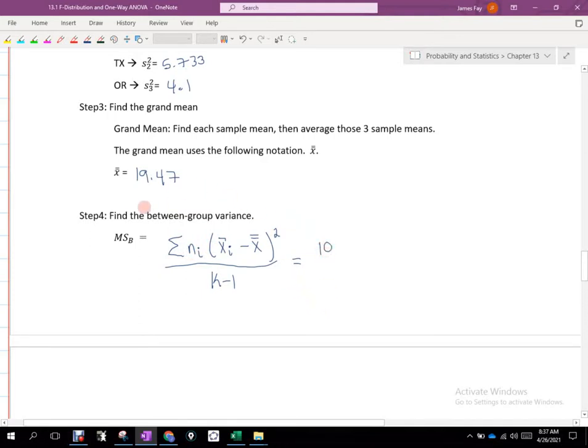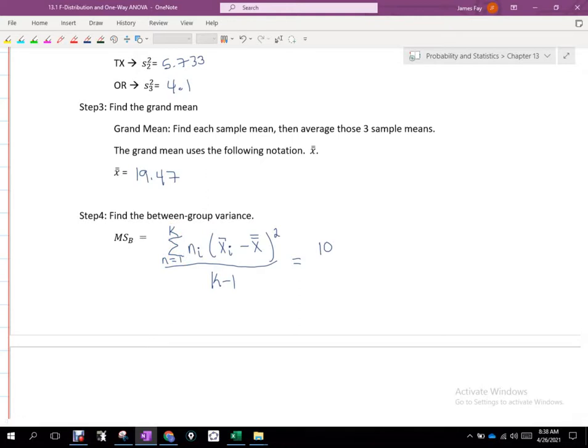We don't have any limits on this summation here, but it might make sense to say that i is going to start at 1 and go up to k, where k is the number of samples that you have.